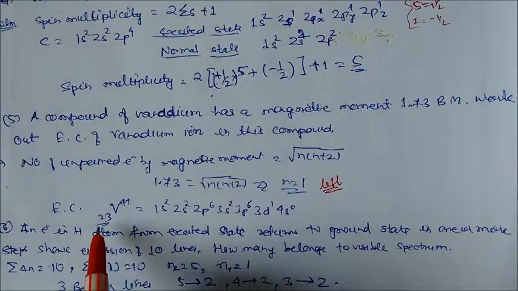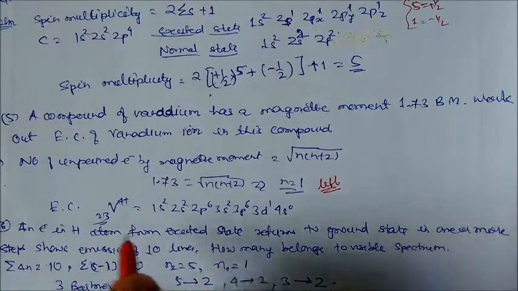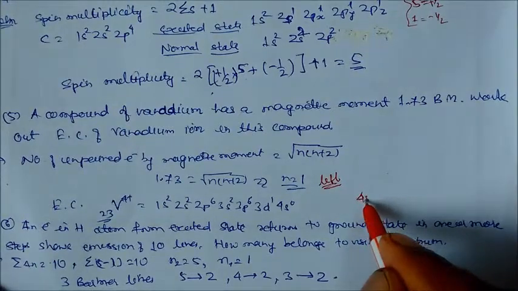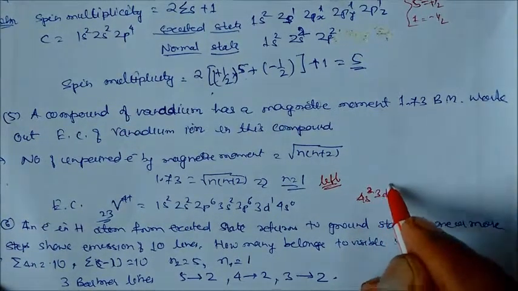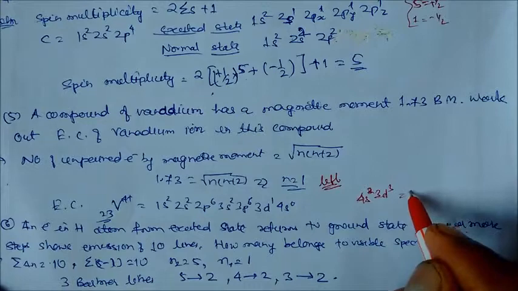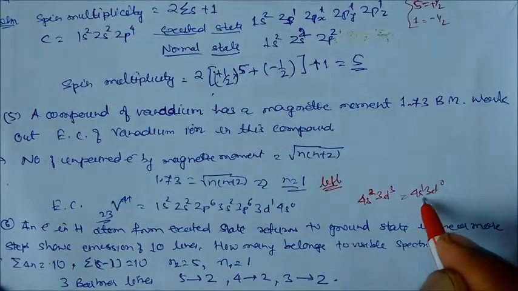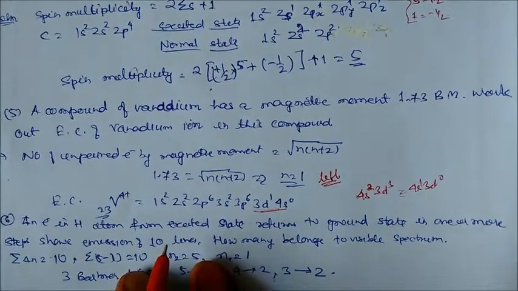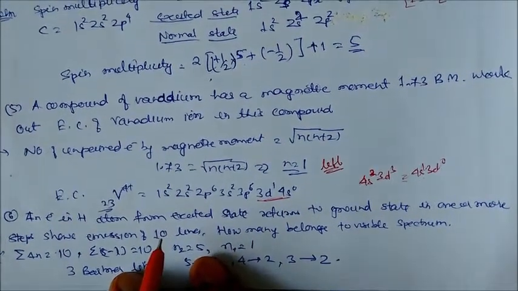So if we see the configuration, this will be 4s2 3d3. So this becomes 4s1 3d0 after losing. So we can see this value. So this is the electronic configuration of the vanadium.